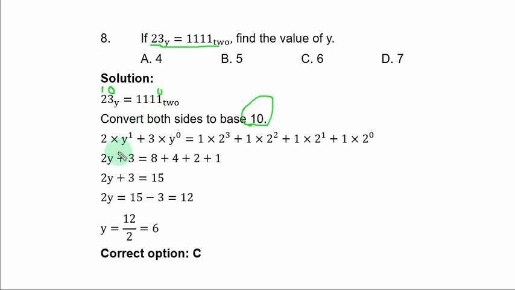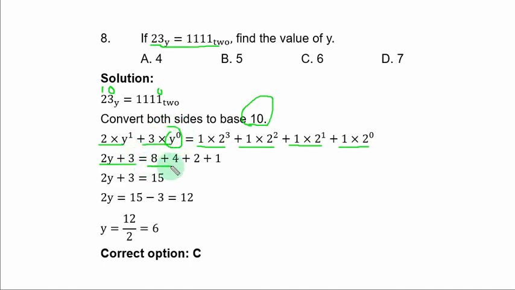So you have 2 times y power 1 plus 3 times y power 0 equal to 1 times 2 power 3 plus 1 times 2 power 2 plus 1 times 2 power 1 plus 1 times 2 power 0. You have 2y plus 3, since y power 0 is 1, so 3 is remaining.